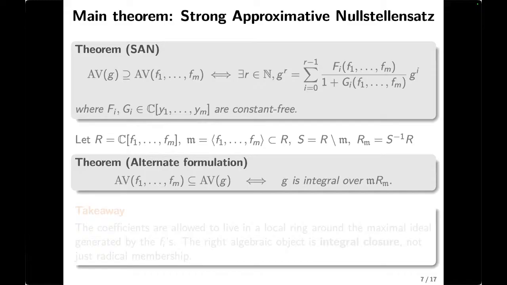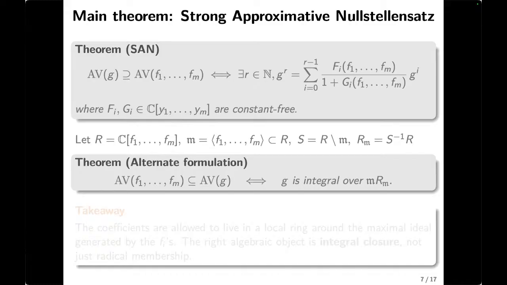For example, if you restrict yourself to the ring, which is the algebra generated by the fi's over the complex numbers, and then you take the maximal ideal of that ring, and look at the localization of this ring, then the approximative vanishing set containment holds whenever g is integral over this maximal ideal in the local ring.